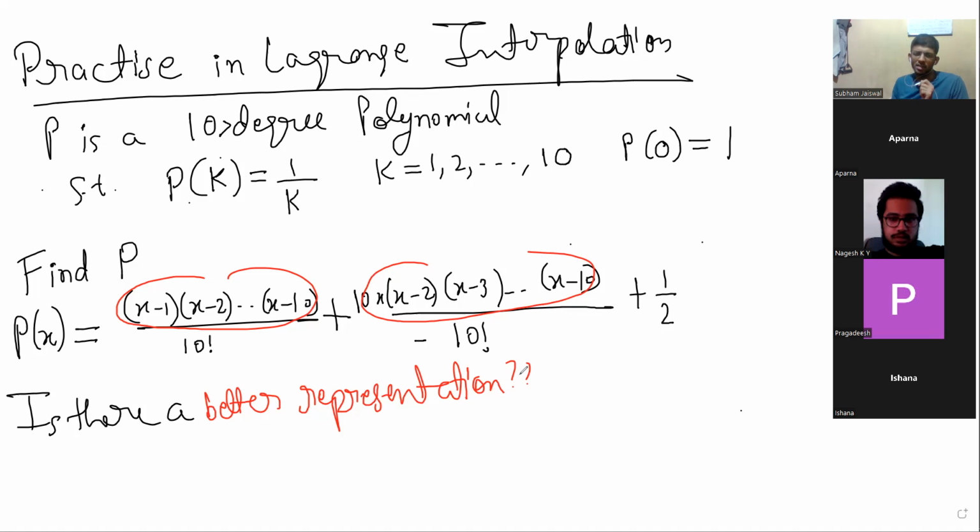But okay, what are the roots of what? Which polynomial's roots are given to you? The roots of p are not given, right? But can you construct a polynomial whose roots are given to us?